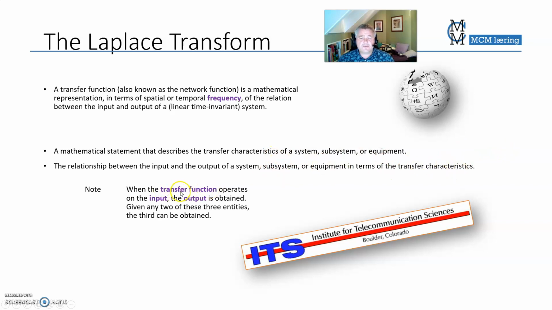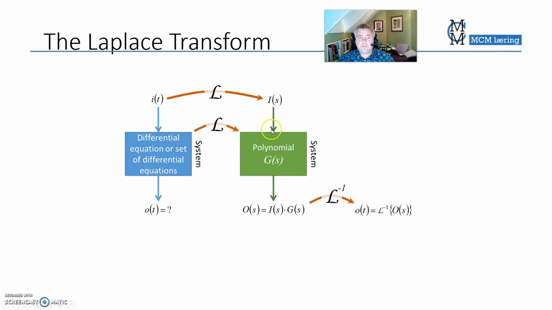When the transfer function operates on the input, the output is obtained. So when the input works on the transfer function, you get the output. If you know the output and the transfer function, you can actually calculate what kind of input was given to it. And even if you have the input and the output, you can calculate what the transfer function is.